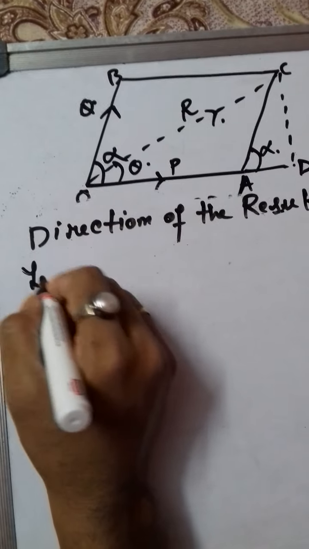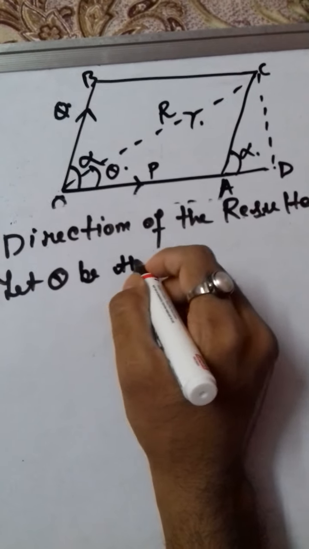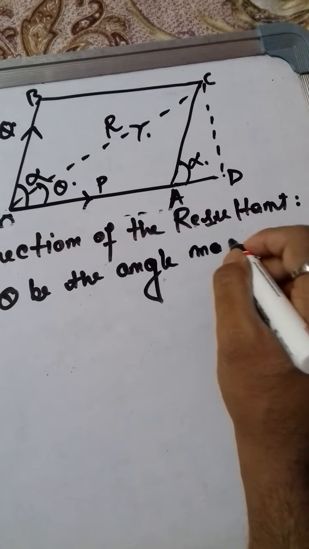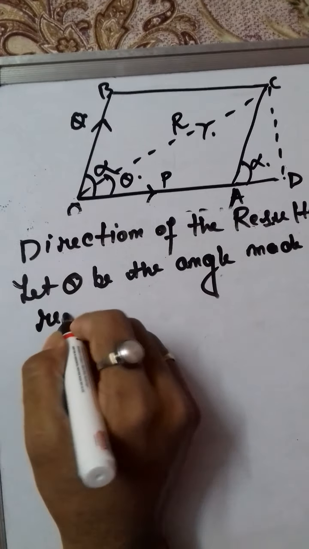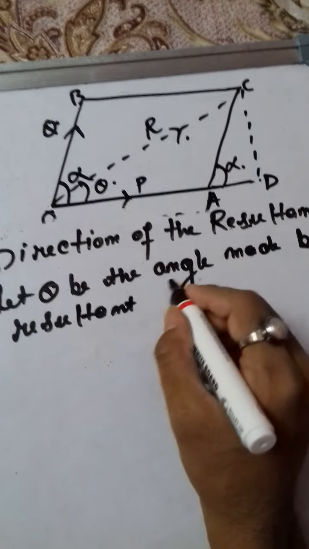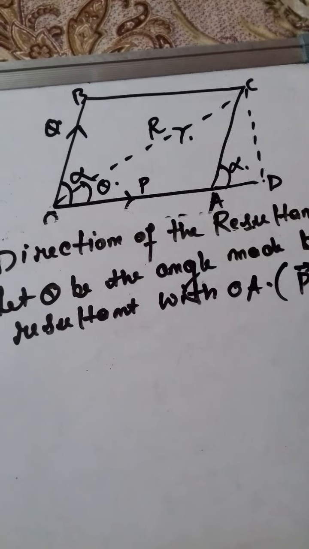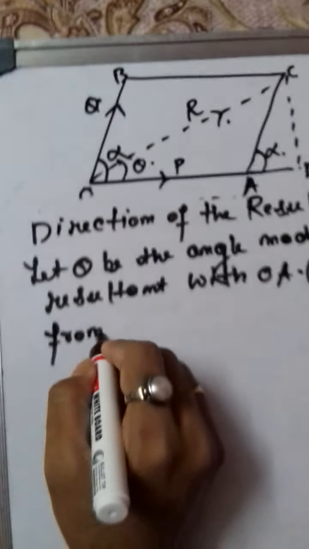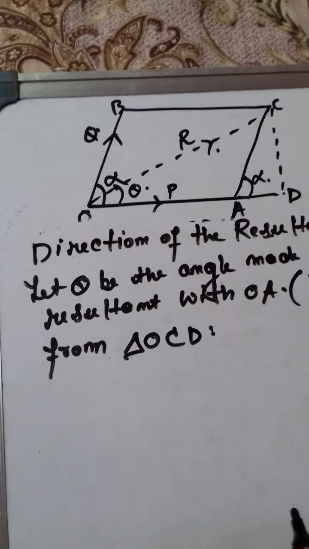Write down, let theta be the angle made by the resultant with OA, that is OA was the force P, right? Now from triangle OCD, we are taking the triangle OCD.